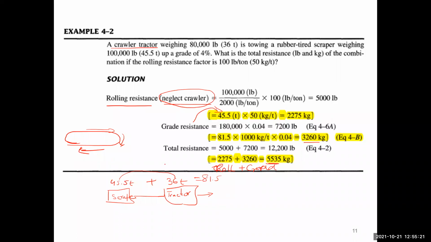The scrapers are tire operated, supported on tires, so tires will have the rolling resistance, which is given as 50 kilogram per ton. So you have to be careful which factor we have to use where.